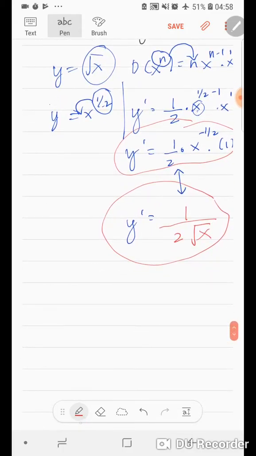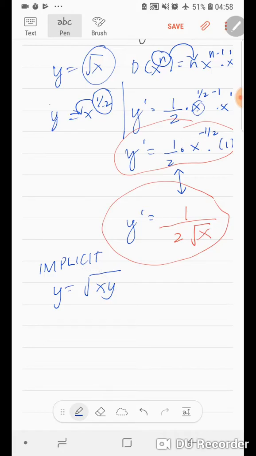So let's now go ahead with y is equivalent to square root of xy. So take note, this is implicit. It's very important that you can identify if this is an explicit function or an implicit function.